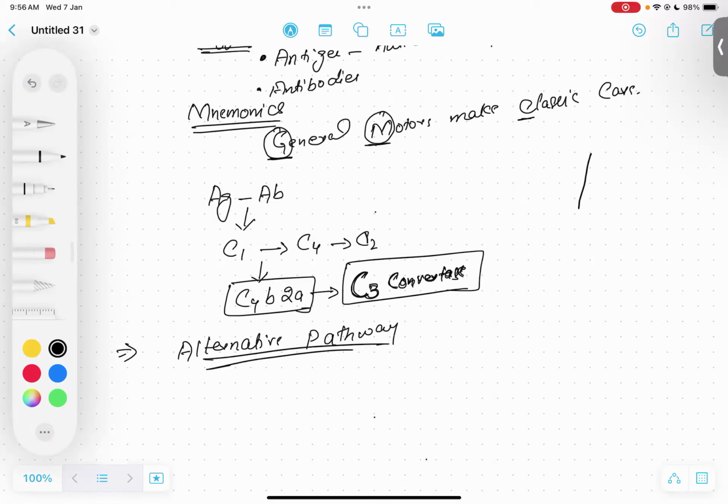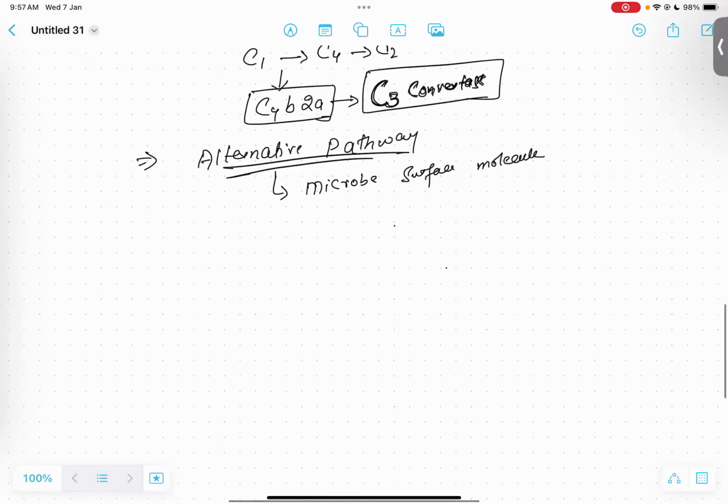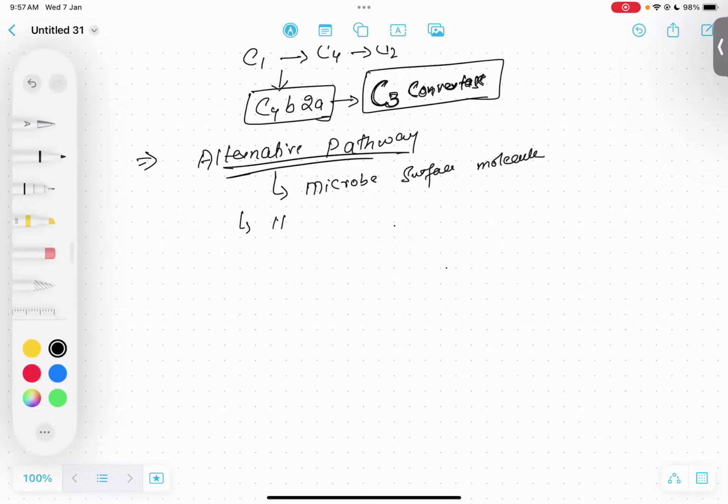The alternative pathway is activated via microbe surface molecules. It is directly activated by the bacterial surface, and no antibody is required.